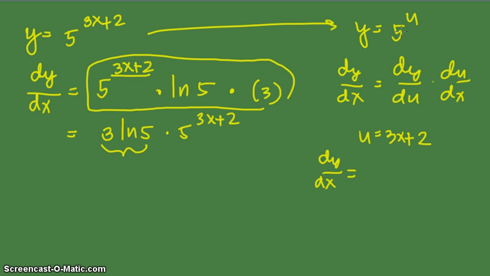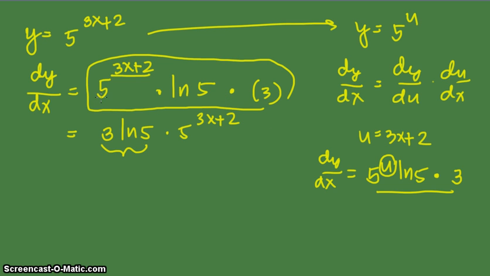And you can look at this as if this is 5 to the x and apply the rule for differentiating the exponential function. So you have 5 to the u, that's dy du, then ln 5, then times du dx, which is just 3. And we know that the u is 3x plus 2, so this one is basically the same as this one.